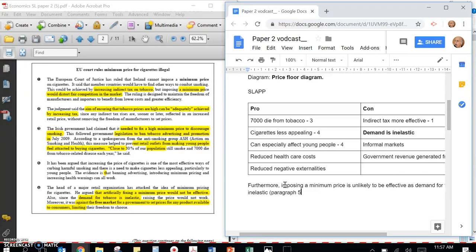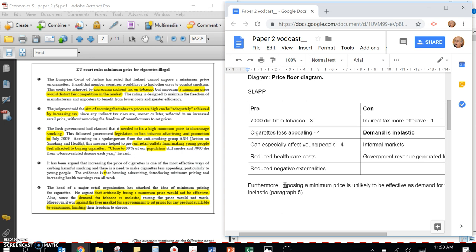It's almost like they're trying to trick the examiner into thinking that they understand it, because they're writing with a bit of confidence. But all they're really doing is copying from the text. This isn't really even worth writing. If this is all you're going to write, it won't really be rewarded.